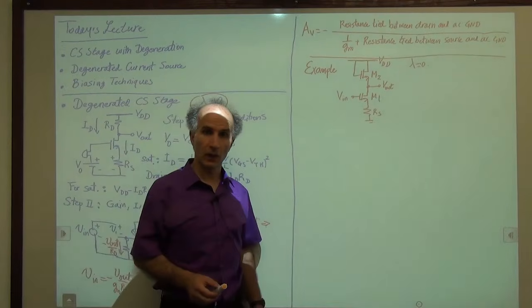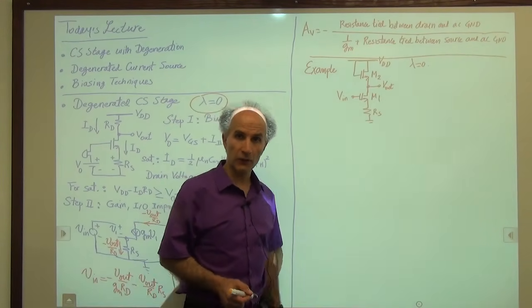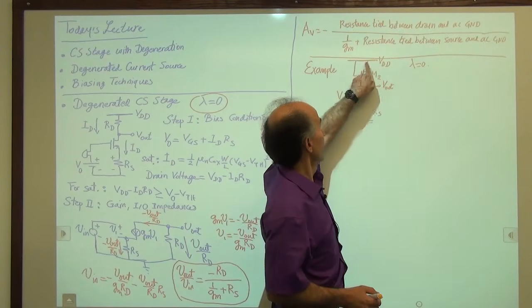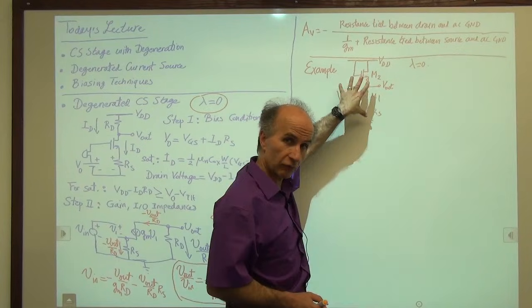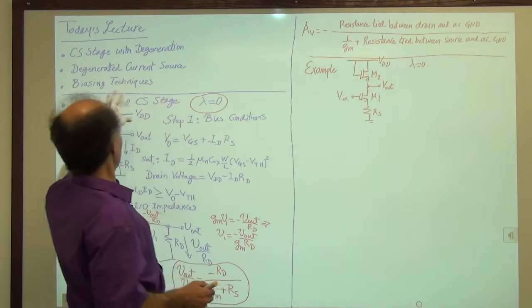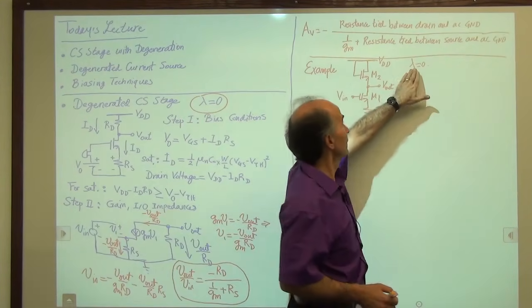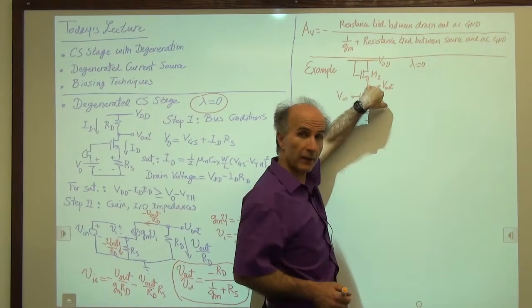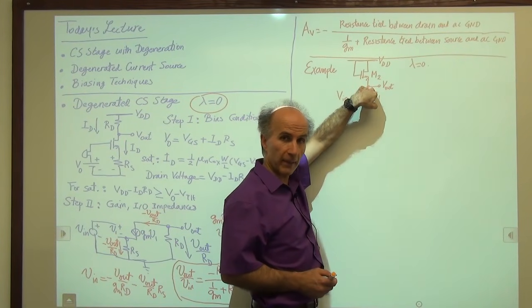Okay, so what do you have for the answers? Well, we just need to remember how to represent this diode connected device as a load so that the circuit reduces to this circuit. And that's easy because if lambda equals 0, we know that the diode connected device has an impedance of 1 over Gm.